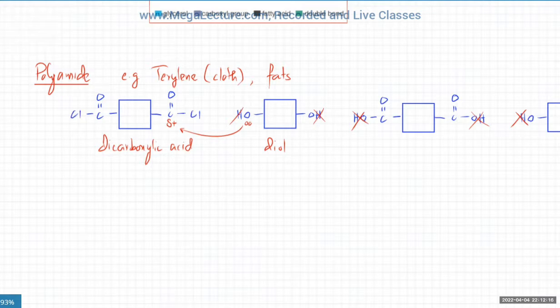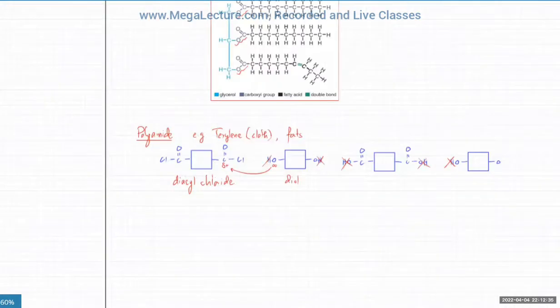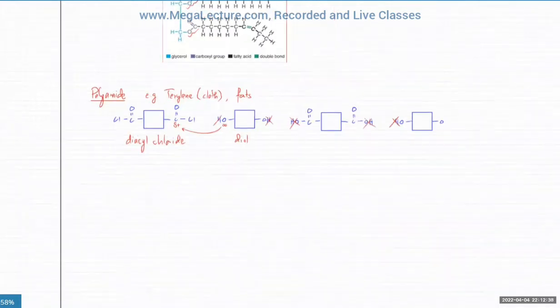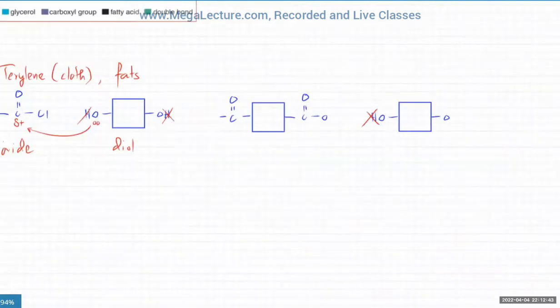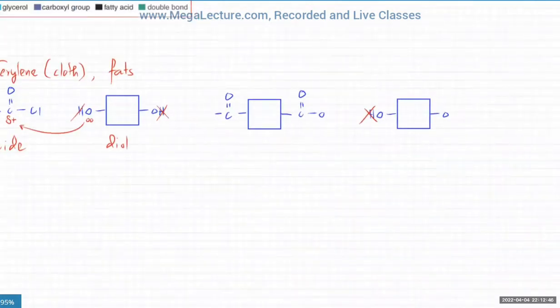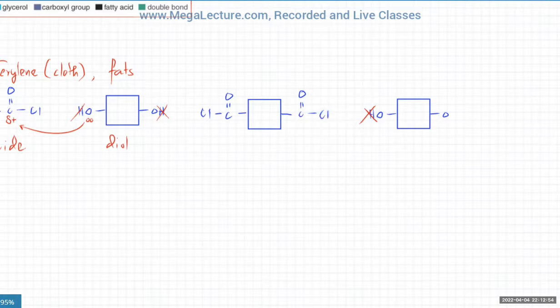So instead of being a dicarboxylic acid, it's actually a diacyl chloride. And the same thing repeats. Not a carboxylic acid. This one is a diacyl chloride.